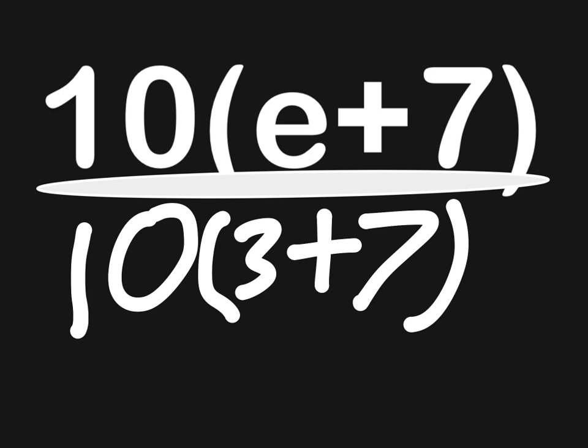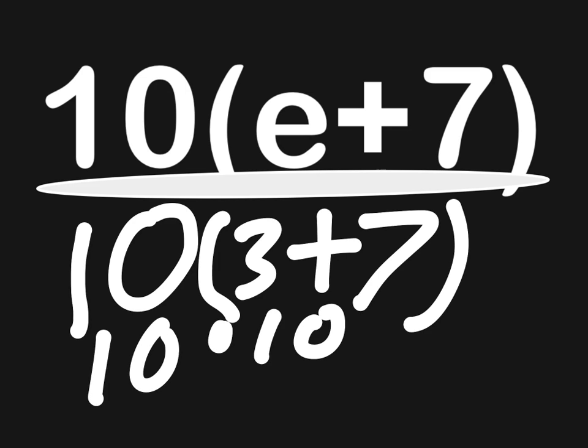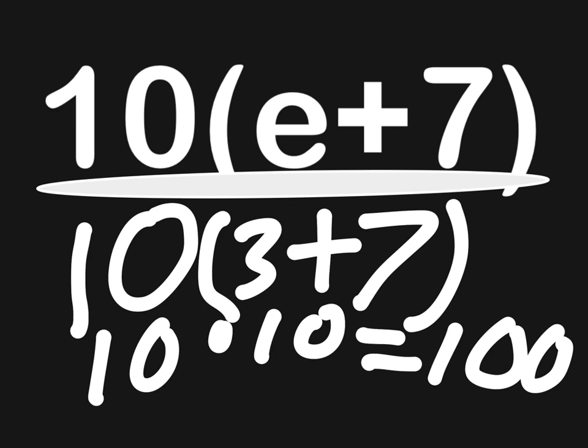So then you would first do the stuff in the parentheses, which would be 10, and then you would do times 10. So 10 times 10 equals 100. Problem solved!